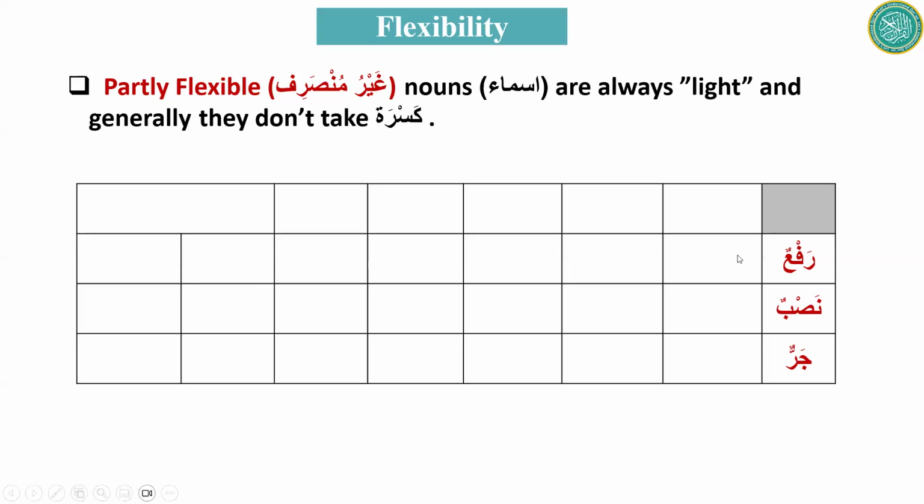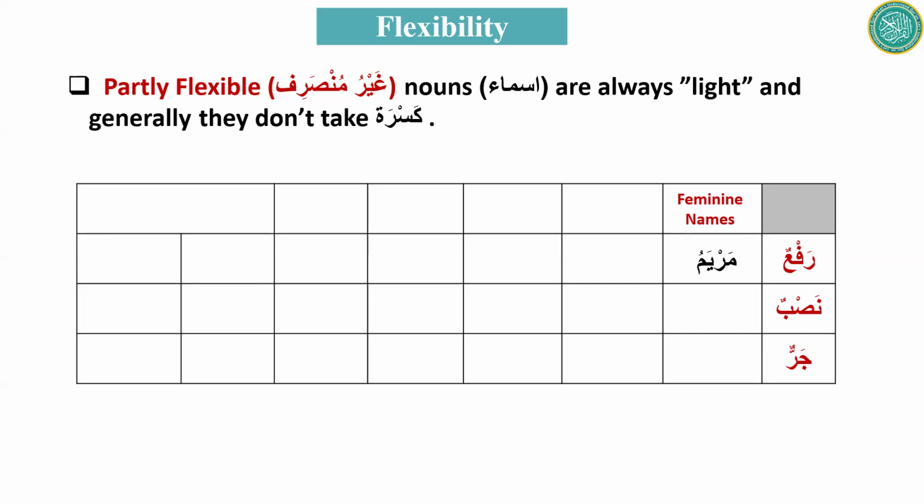And what are the different categories of partly flexible words? Feminine names. All feminine names are always light, and they don't take kasra. So in rafa it will be Maryamu, light. It's not Maryamun.